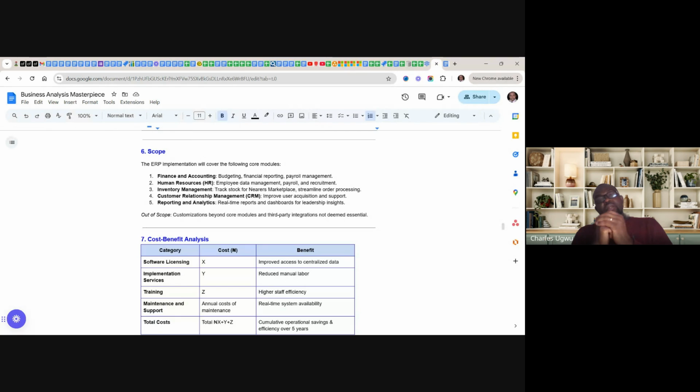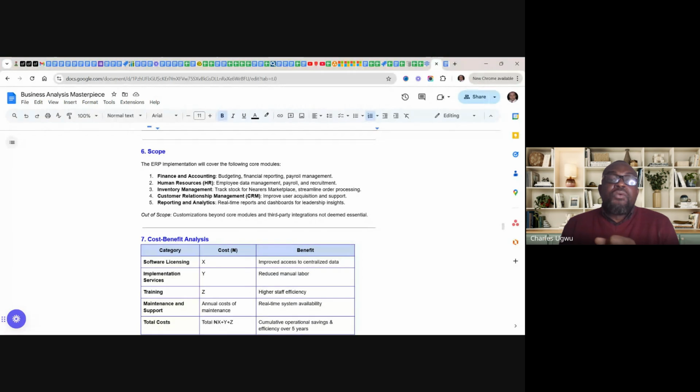So if you have implemented an ERP system, it has covered it. So it's more cost effective to implement an ERP, because when you implement a very good ERP, it covers finance and accounting. You can manage your finance and accounting very well. You can manage your human resources very well. Inventory management, customer relationship management as well.